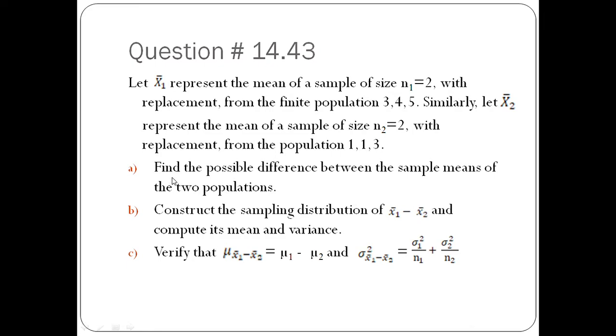First, find the possible differences between the sample means of the two populations. Second, construct the sampling distribution of these differences, compute its mean and variance, and verify the two properties which we have discussed before.